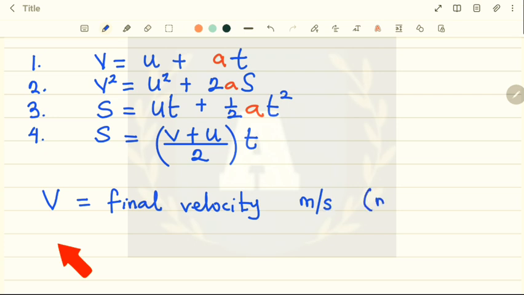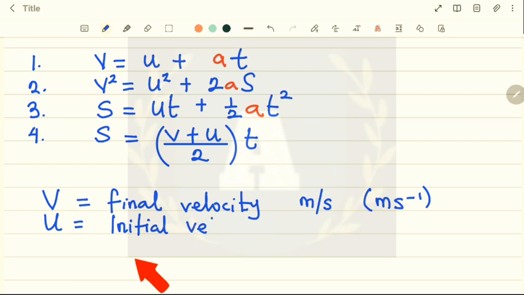Then U is the initial velocity, also in meters per second.